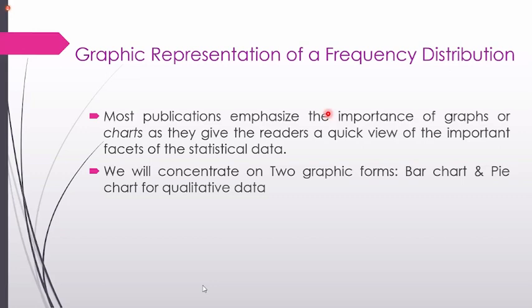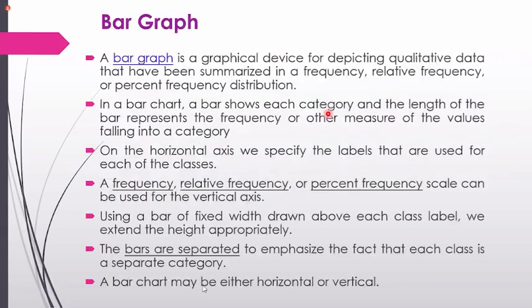Then easily we can grasp the ideas. So usually the bar chart and pie chart are the best choices for qualitative data to represent the frequency distribution. Right. So first we look at the bar graph or bar chart.